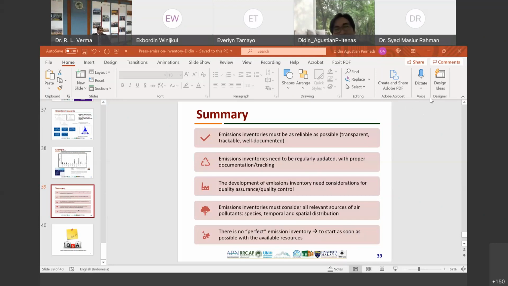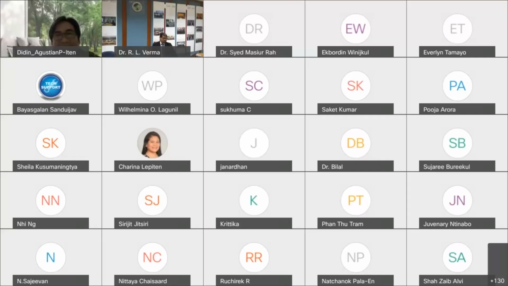And also for uncertainty analysis, so far we have included a very simple approach for quantifying the uncertainty, but of course now we can also have more advanced Monte Carlo simulations, for example, to quantify the uncertainty. Yeah, this could be our next potential project.